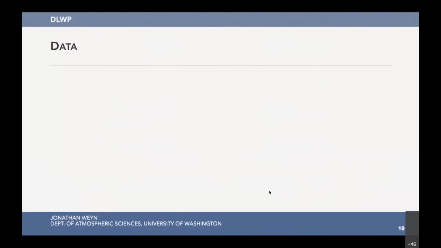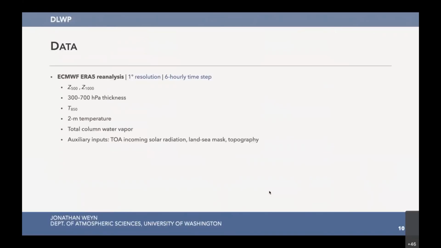So the data that are used for our model are the ECMWF ERA5 reanalysis at 1 degree resolution and a 6-hourly time step. So we focused, as I said, on a limited set of variables. There are 6 currently, namely geopotential height at 500 hectopascal and 1000, the thickness between 300 and 700 hectopascals, 850 millibar temperature, and 2 meter temperature as a measurement of what's going on at the surface.